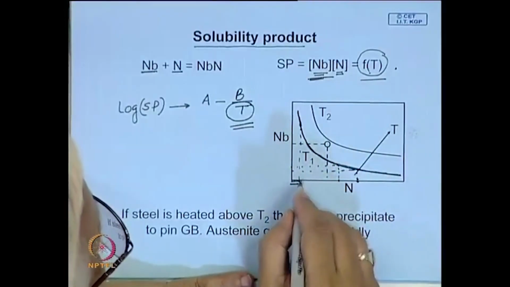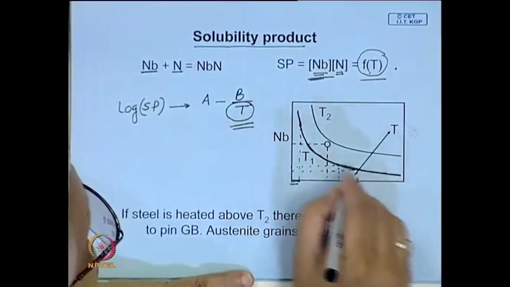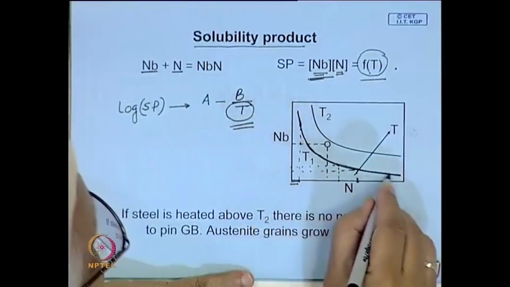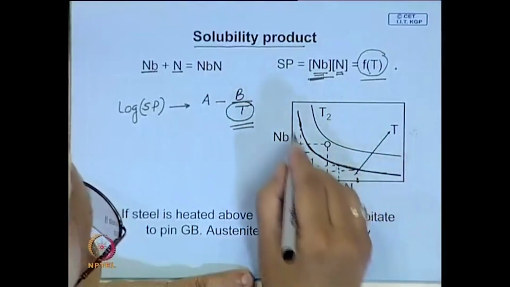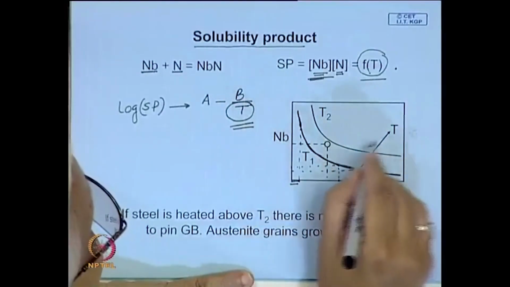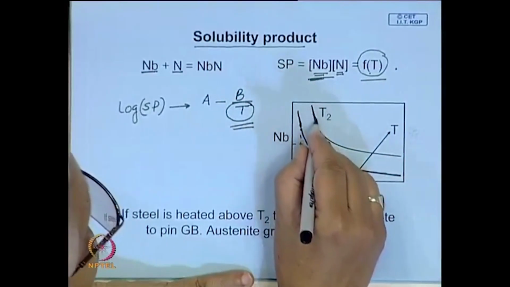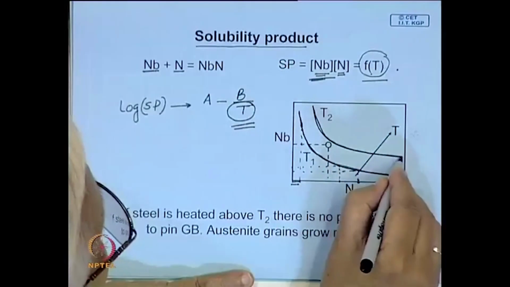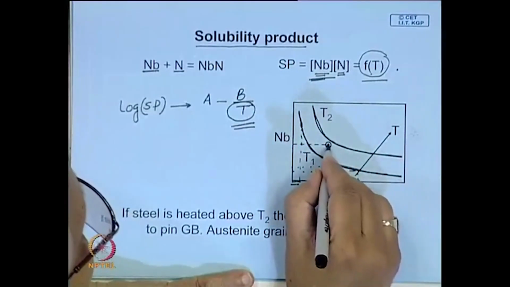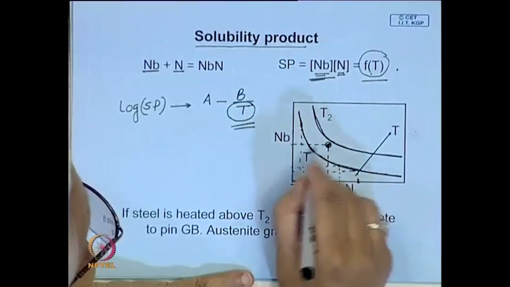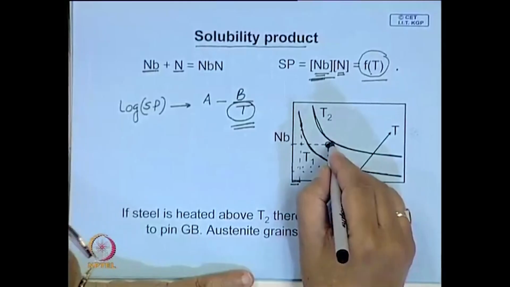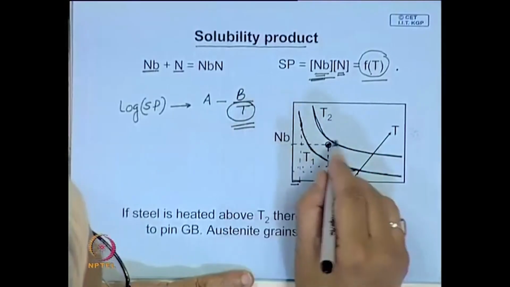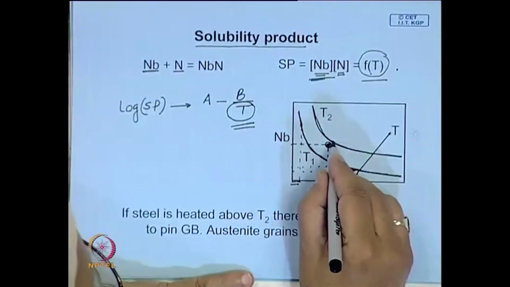And how do you get it? For this it will be interesting to look at the effect of temperature on this solubility line. If you increase the temperature, the solubility is higher, say this is the line. And if in a steel you have this much niobium and this much nitrogen, and you are heating here, then all of it goes into solution.